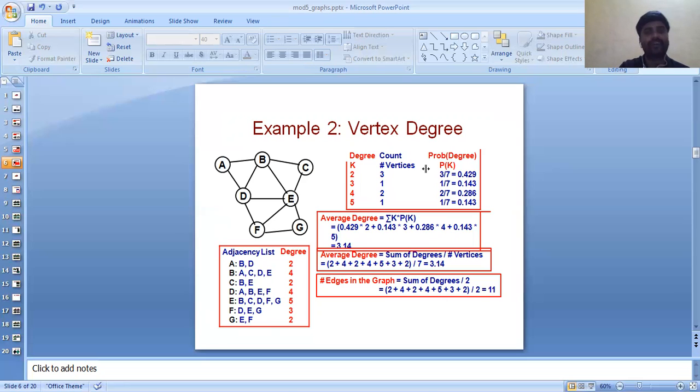Then the average degree equals the summation of k into P of k, that is 3.14. The average degree equals the sum of degrees divided by vertices, so 3.14. What we calculated using the probability of degree is equal, so what we did is correct. And next is the edges in the graph. The sum of the degrees divided by 2 is equal to 11.